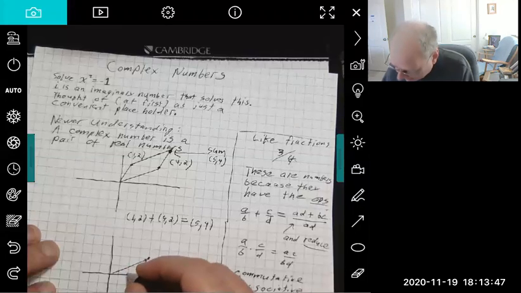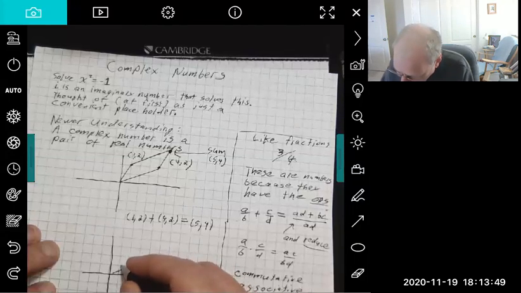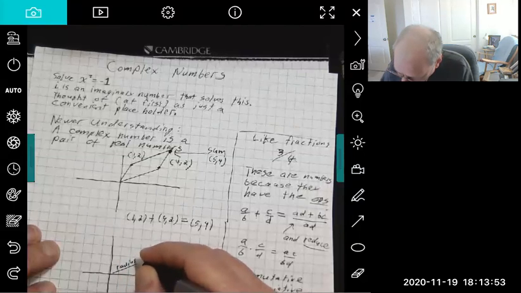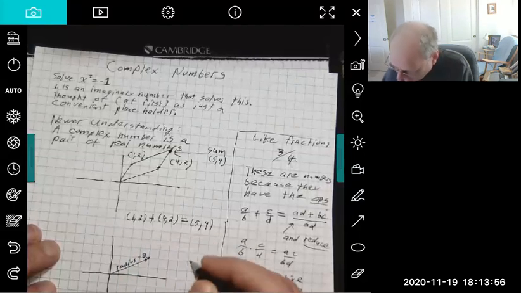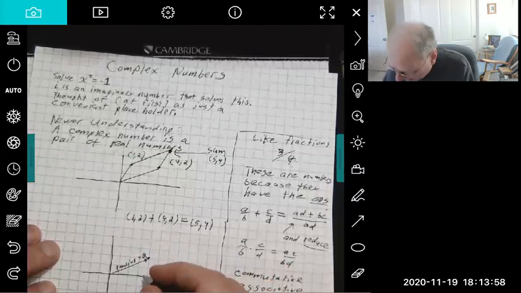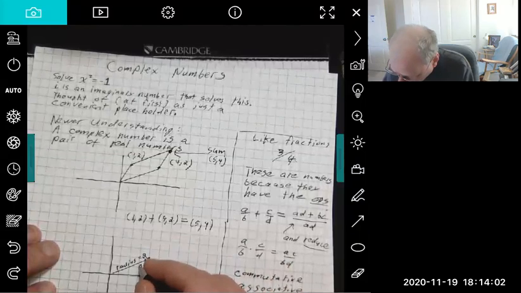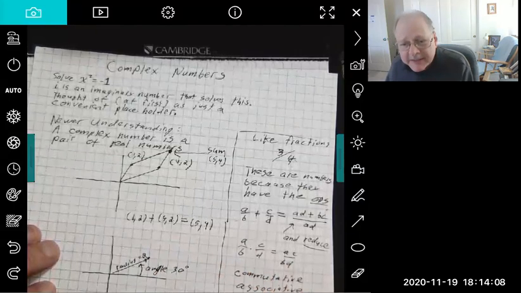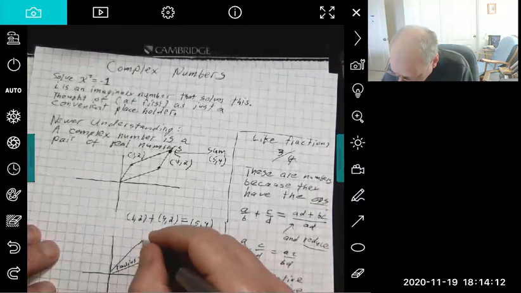Forget the scale down here, but maybe this has a radius of 2 units, and it's got an angle of 30 degrees. And then I've got some other point out here.